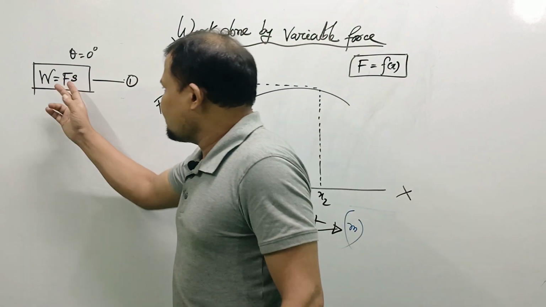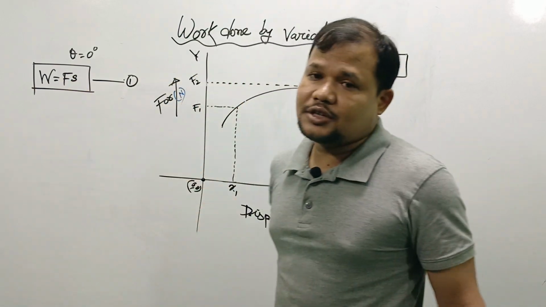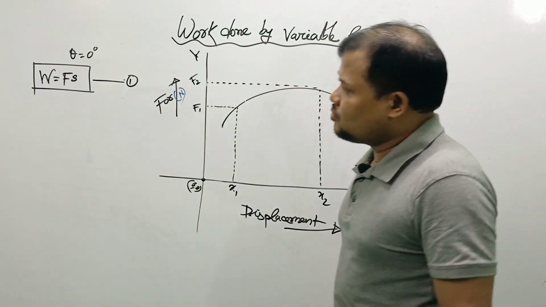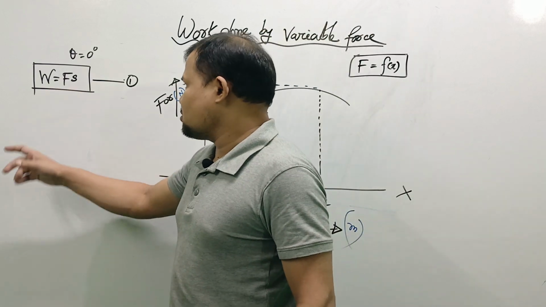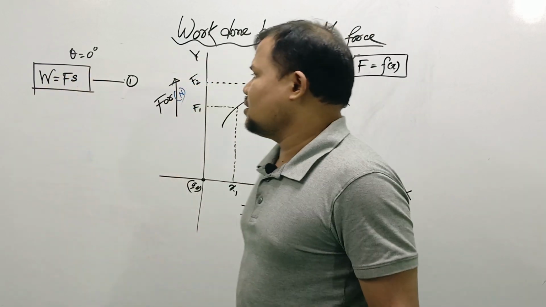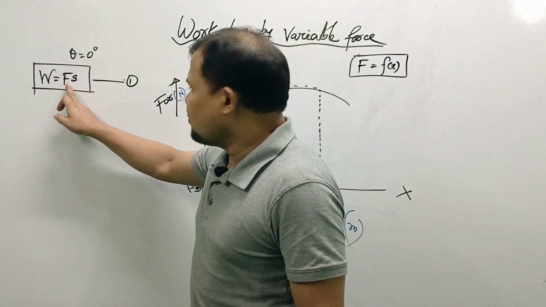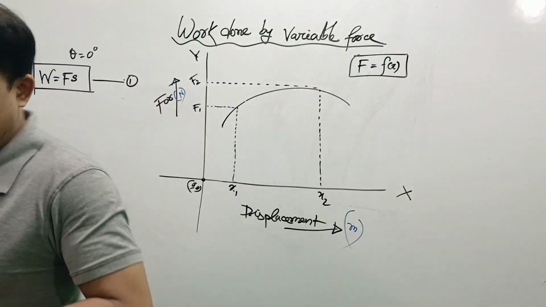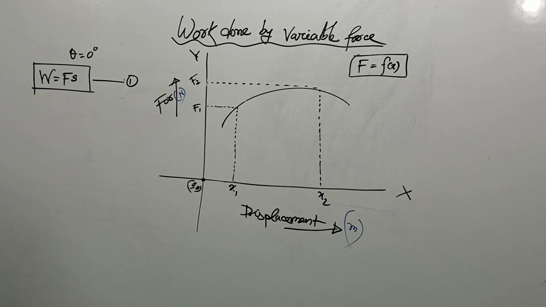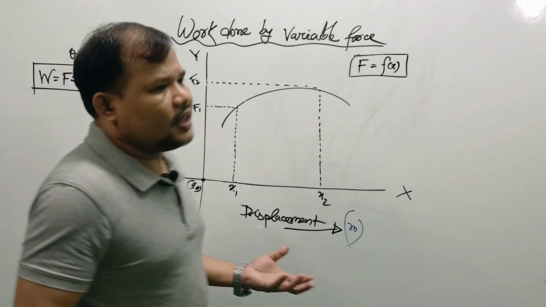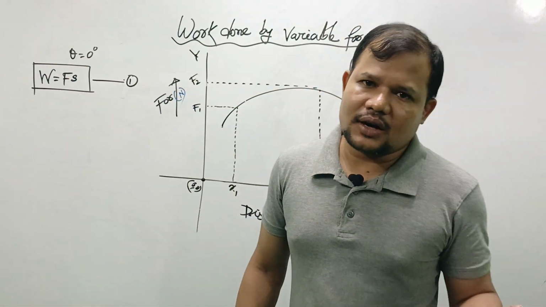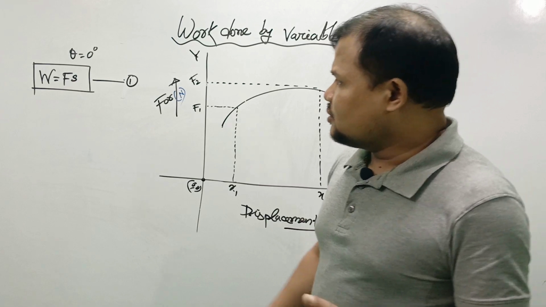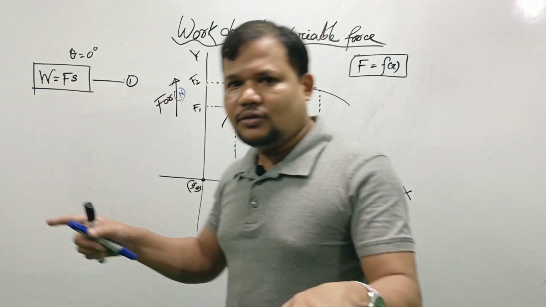In this situation we can write this equation. And another concept here, F must be constant. Now we try to understand, as we know only one equation for measuring work for the constant force.